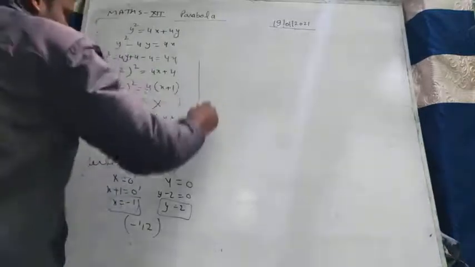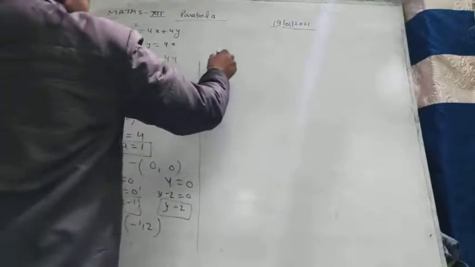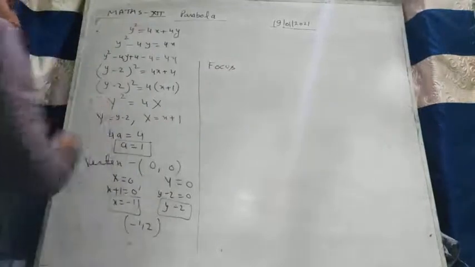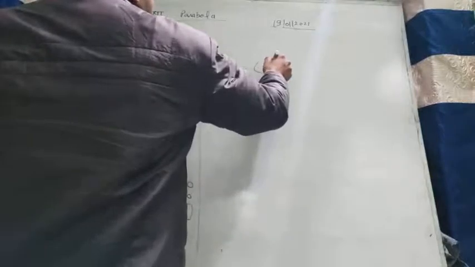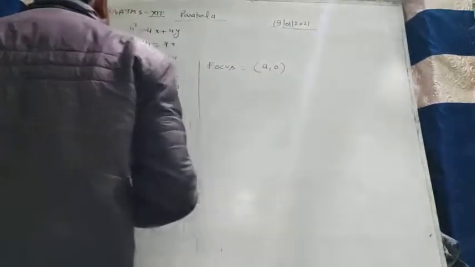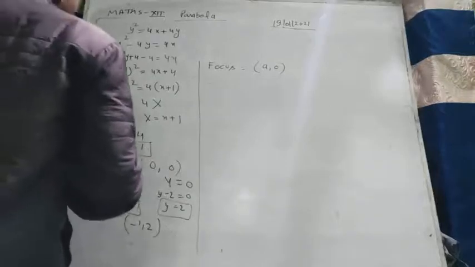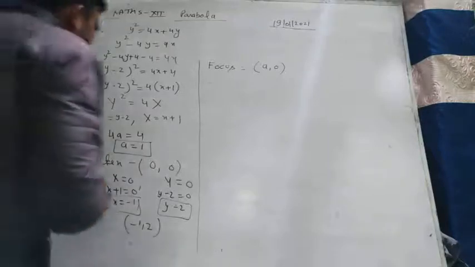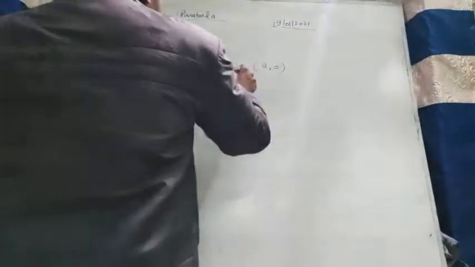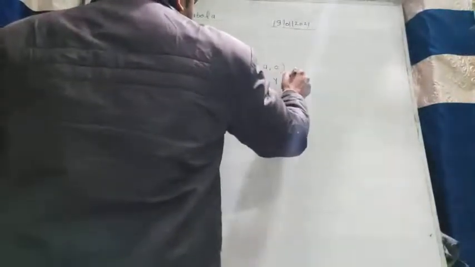Now second, we find its focus, student. This is the first case. So in this case our focus is (a, 0). So capital X is equal to a and capital Y is equal to 0.